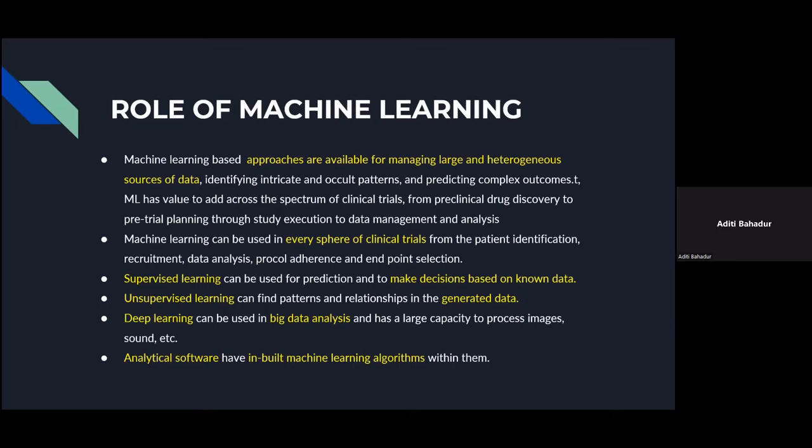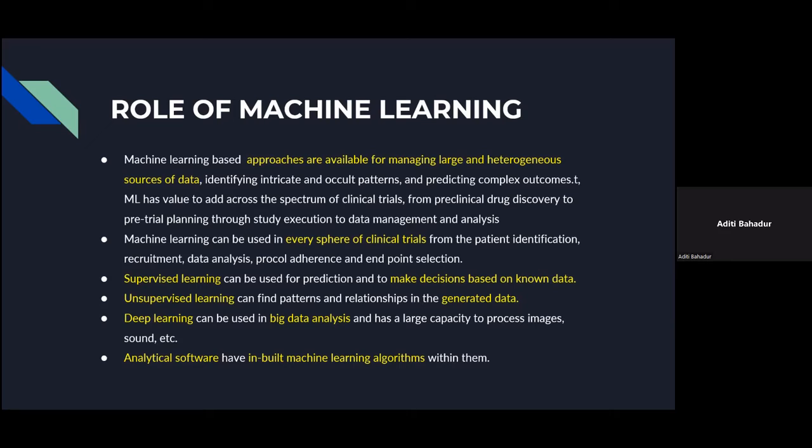So here, unsupervised learning can be used to understand patterns in, say, each phase, and understand if there was a specific demographic group which responded to a drug in a different way. So unsupervised learning is basically used to find patterns in unknown data, and it also has a big role in the post marketing surveillance of the data, where the data is a lot more heterogeneous.